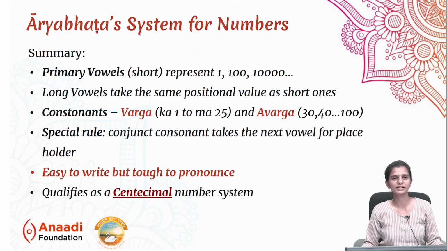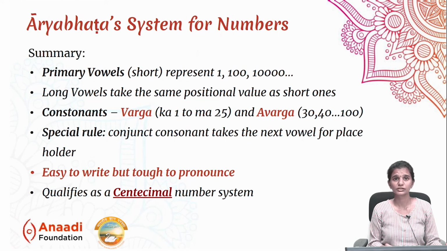Now, let us look at a summary of what we've learnt in the Aryabhata system for numbers. We saw that the vowels determine the place value, right? And what were the values given to them? They were in the even powers of 10. Then the long vowels take the same positional values as the short ones.